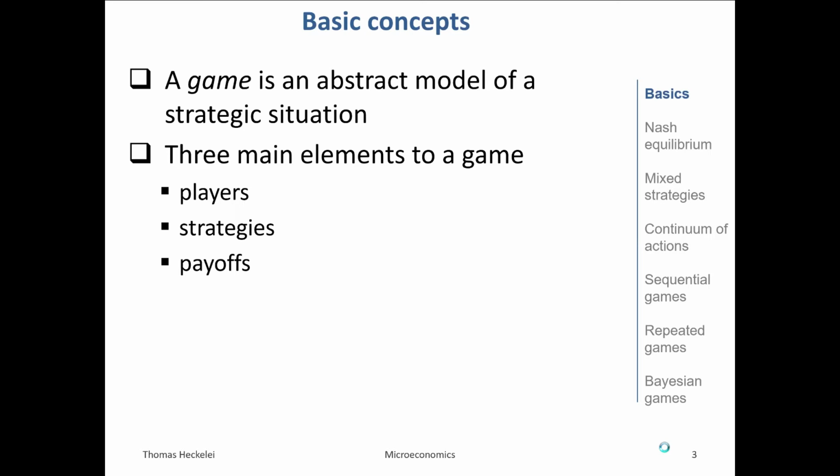So a game will have three main elements. These are the elements we would have to pick or identify from a strategic situation in order to apply game theory. They include players, strategies, and payoffs.